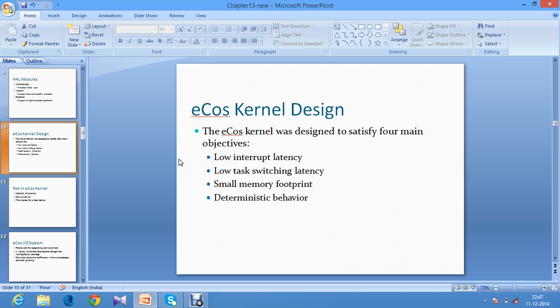The memory resources for both program and data are kept to a minimum by allowing all components to configure memory as needed. The last and fourth is deterministic behavior. Throughout all aspects of execution, the kernel performance must be predictable and bounded to meet real-time application environments.